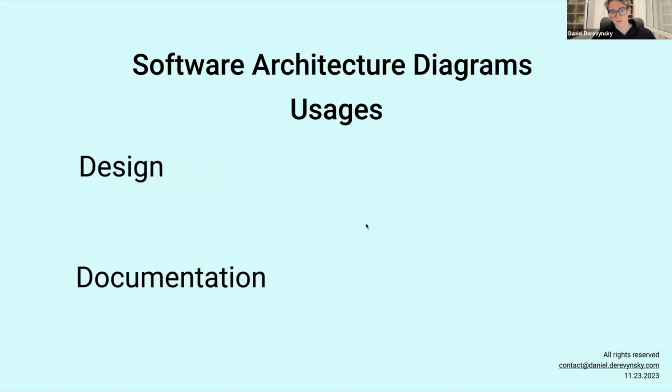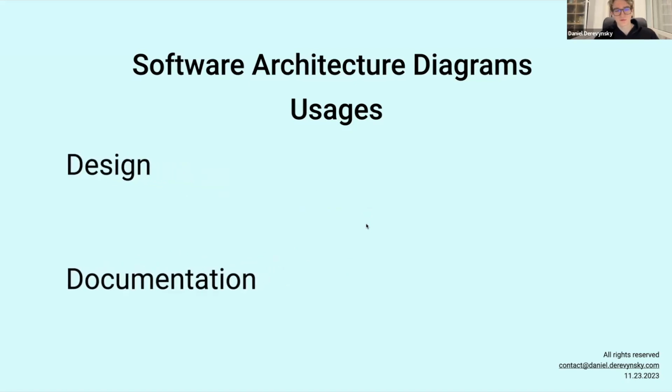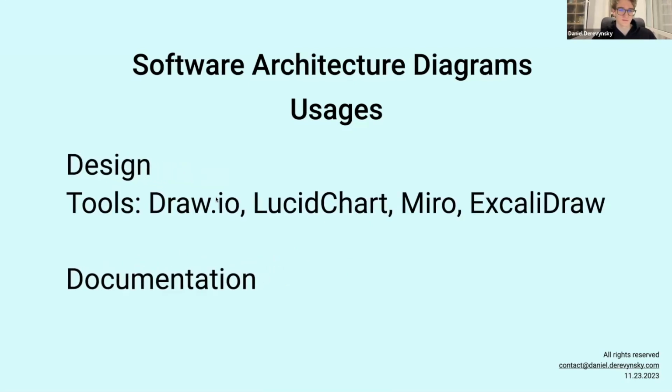Okay, so what tools would you typically use to create software architecture diagrams for design reviews, design documentation, etc.? Here, really anything goes, anything that allows you to put the vision that you have in your head on paper to share it with your other team members.